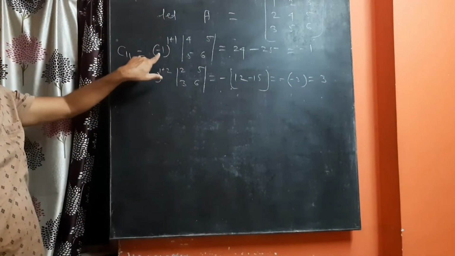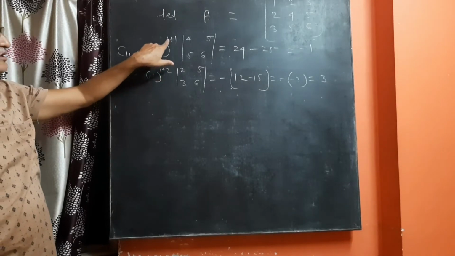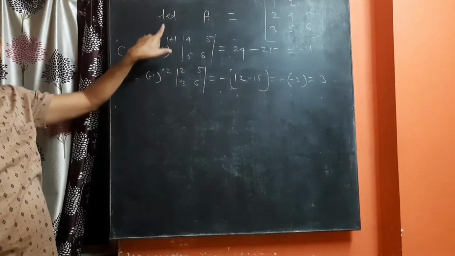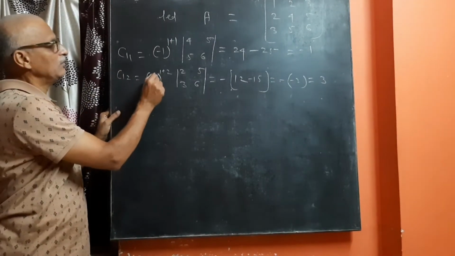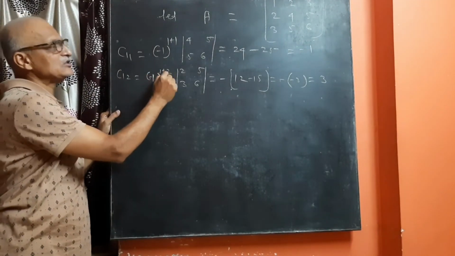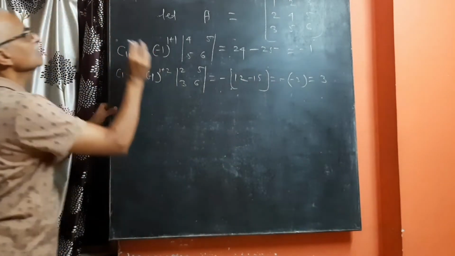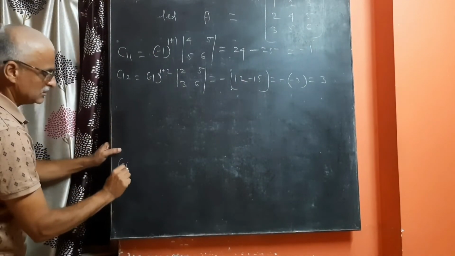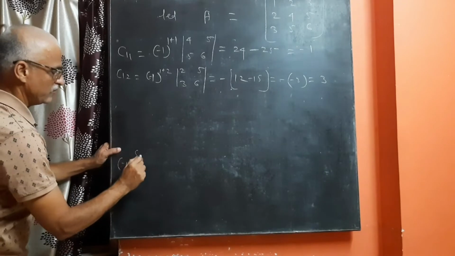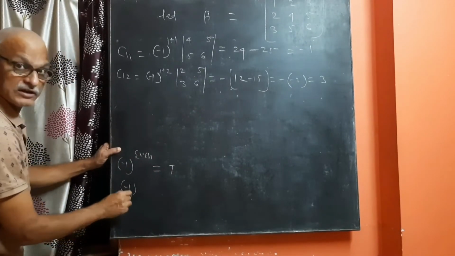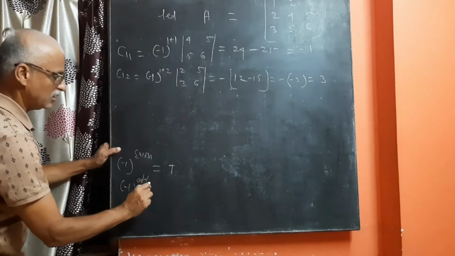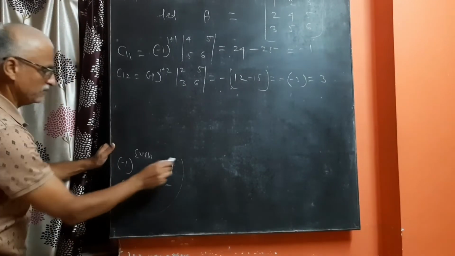I repeat: minus 1 raised to 1 plus 1, that is 2, and minus 1 raised to 2 is positive. Minus 1 raised to 1 plus 2, that is 3, and minus 1 raised to an odd number is negative. You have to remember that minus 1 raised to an even number is positive, and minus 1 raised to an odd number is negative.